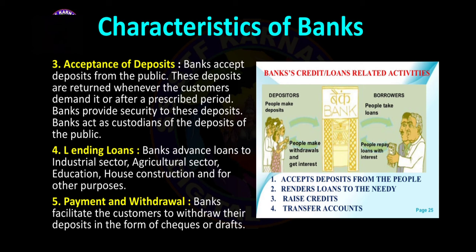So here, lending loans. Like if I need to build my new house, I need money for that, right? So I'll go to the bank and ask for a loan. Will they give it? No, they won't. Why? They need some security, something from my side that they can keep aside so that they can give a loan.